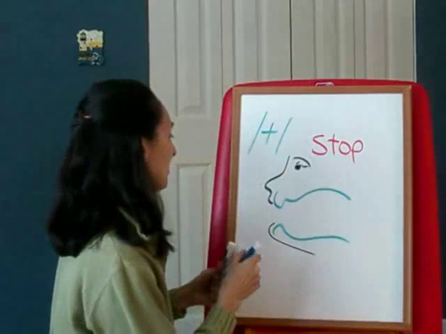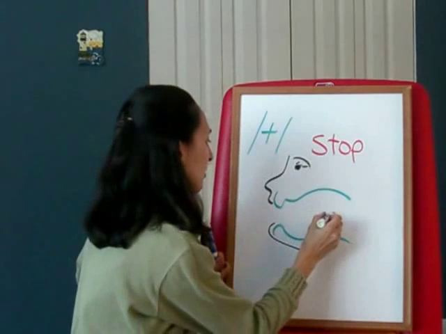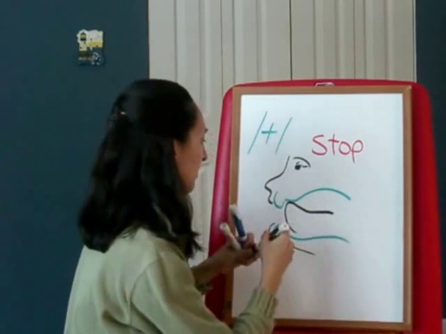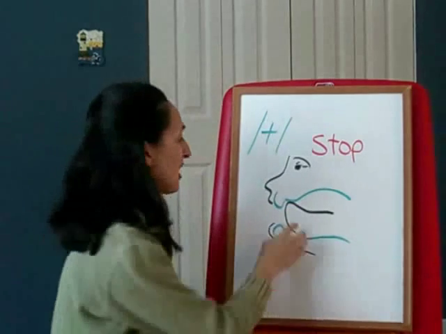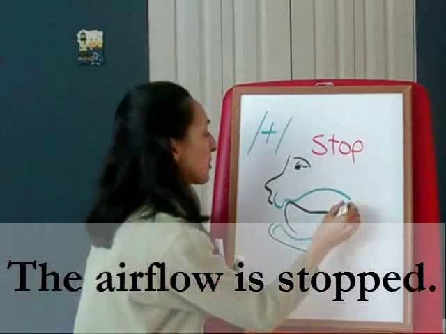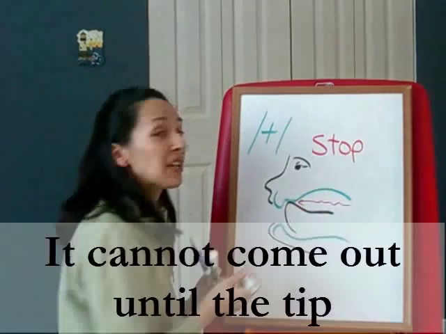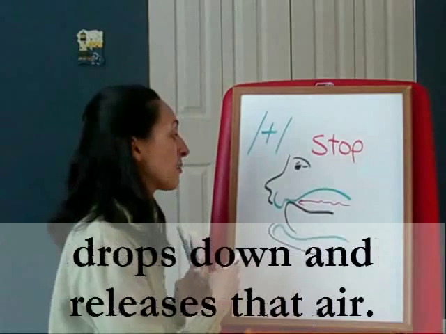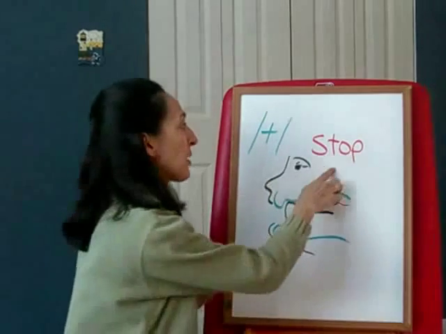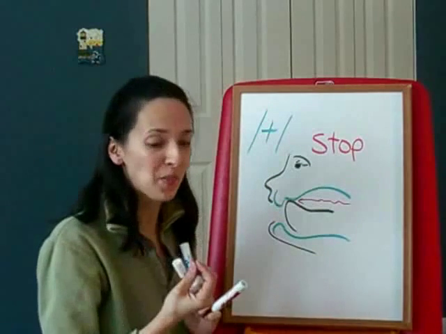Now your tongue looks something like this. Okay, so the tip of your tongue touches that hard bump. The airflow is stopped. It cannot come out until the tip drops down and releases that air. That's why we call the true T a stop.